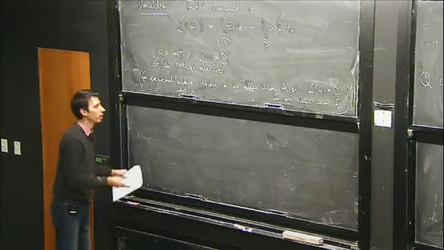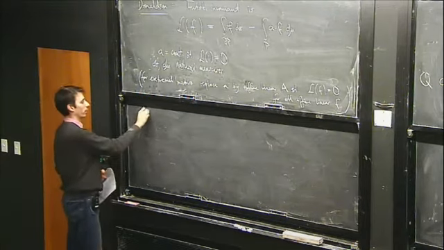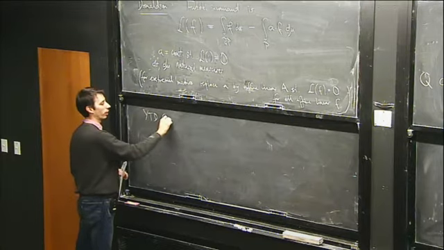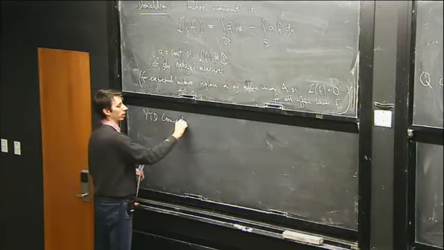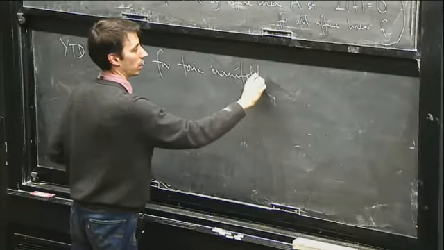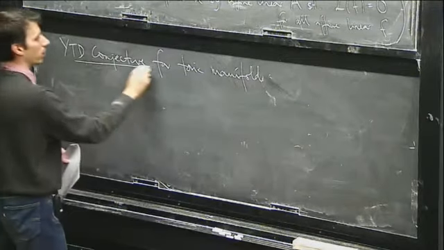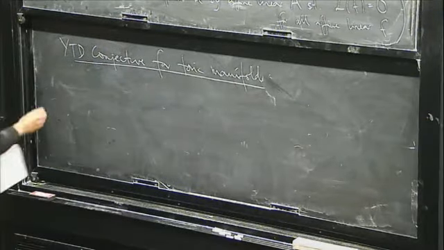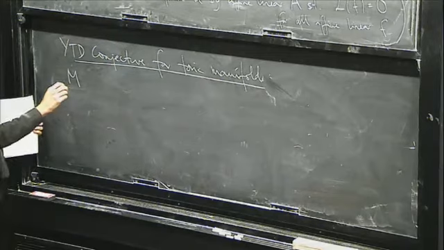Okay, so in terms of all of this, the Yau-Tian-Donaldson conjecture for toric manifolds says that you can find a constant scalar curvature metric.